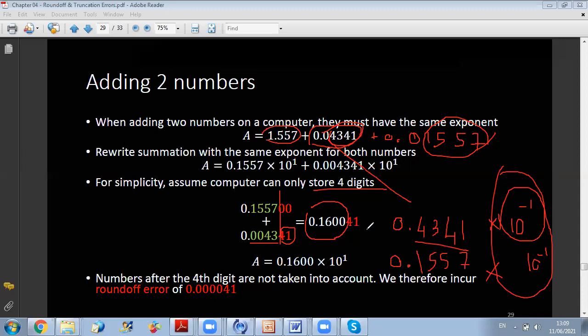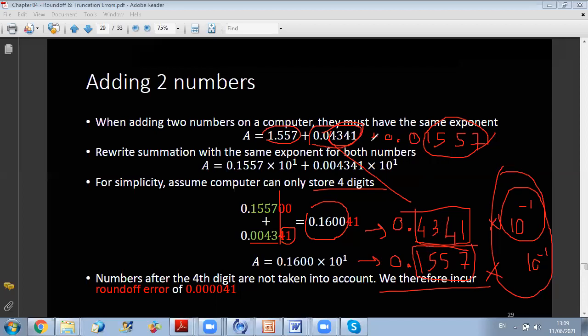But for the two numbers I'm adding, I can just take 4 significant digits. So after the decimal point, I can just read these 4, and here I can also read these 4. So in this case, my round off error will be 0, because I didn't remove anything from my numbers. I will obtain an exact value and the round off error will be 0.